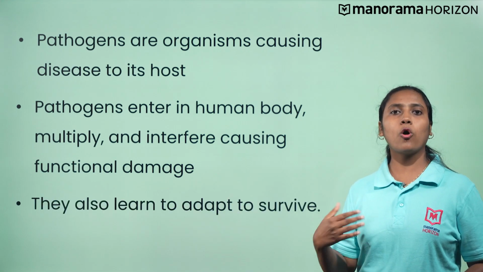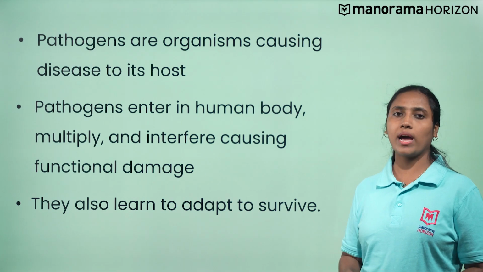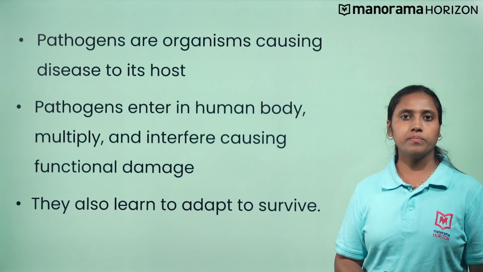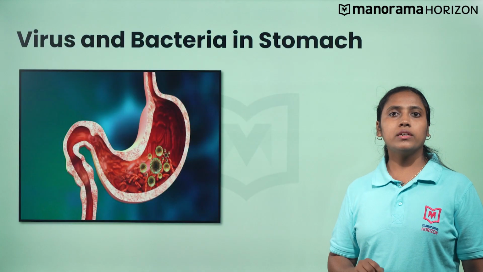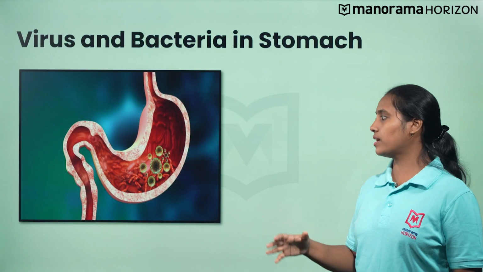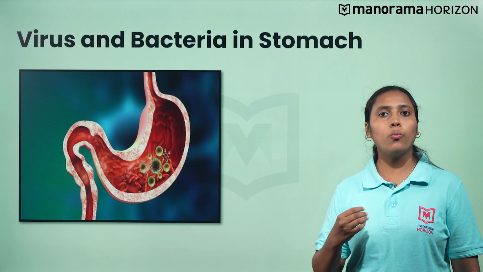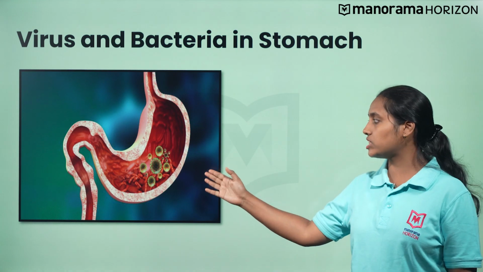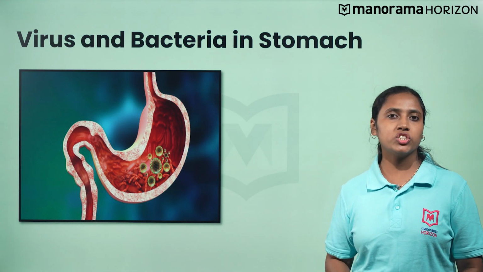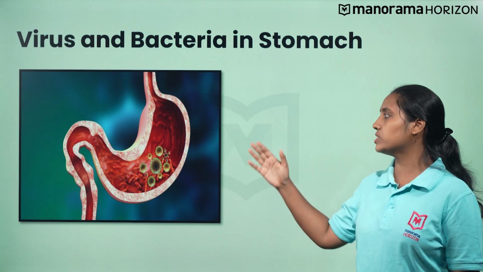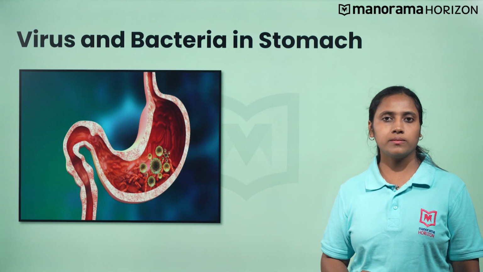Pathogens have to adapt to life within the environment of the host. For example, the pathogen that enters the gut must know a way of surviving in the stomach at low pH and resisting the various digestive enzymes.